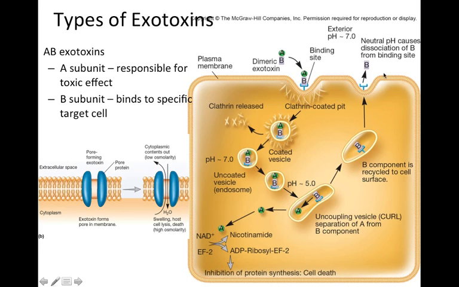So water comes out of this cell, if it was an intestinal cell, and causes a lot of diarrhea. Not all exotoxins cause cell death, but some do. This is another example of an AB toxin mechanism of action. One I wanted to highlight was the cholera toxin and how it causes diarrhea by causing the water to be released from that cell.